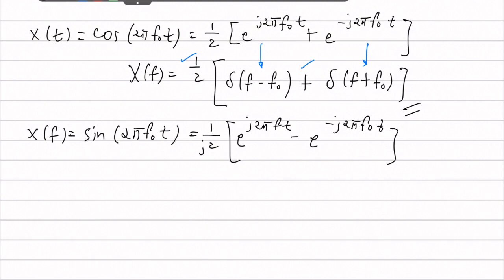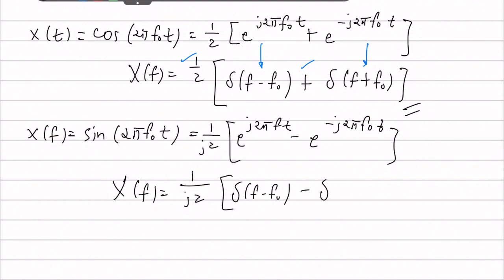And then, let's go directly to the frequency domain again. So X(f) is equal to 1 over j2 times, our first exponential becomes delta of f minus f naught, and our second exponential is delta of f plus f naught. Okay? So this is the Fourier transform of our sine function.